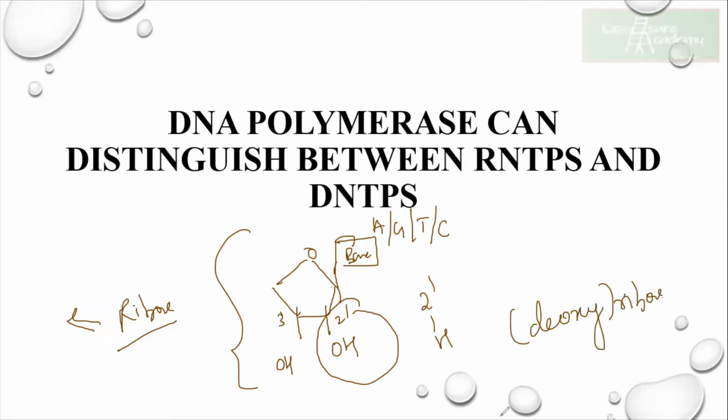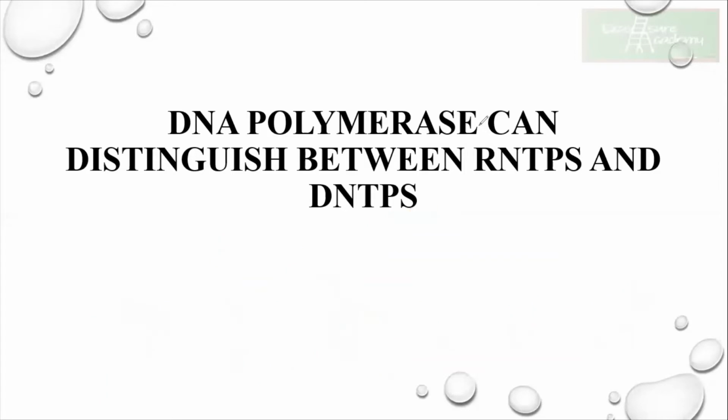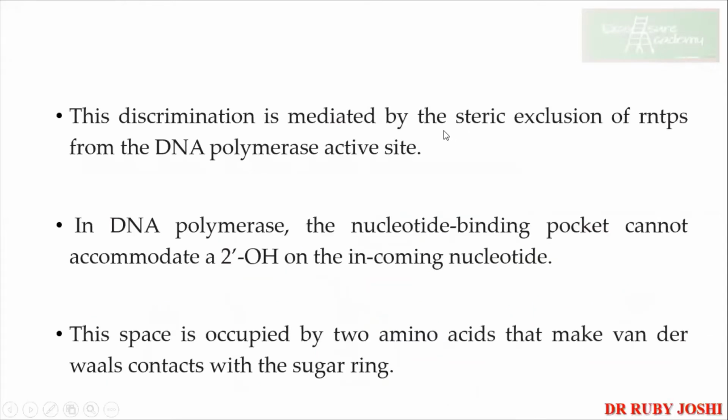Now, based on these ribose and deoxyribose, how is DNA polymerase able to distinguish between the rNTPs and the dNTPs? So this discrimination is mediated by the steric exclusion of rNTPs from the DNA polymerase active site. What is steric exclusion? Because of the heavy groups, it is able to expel them out.